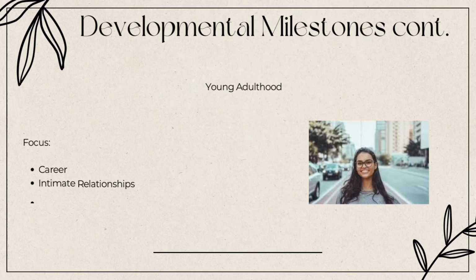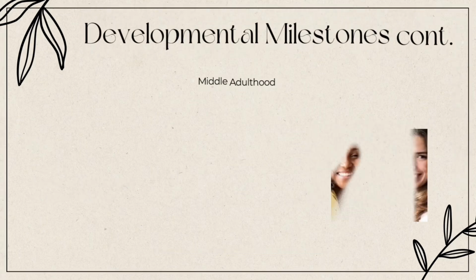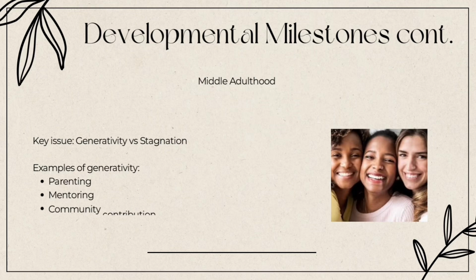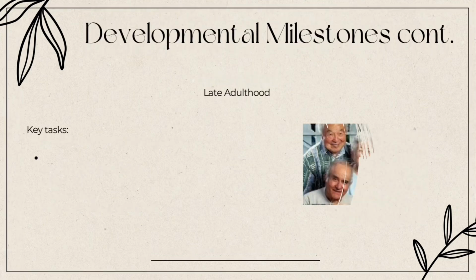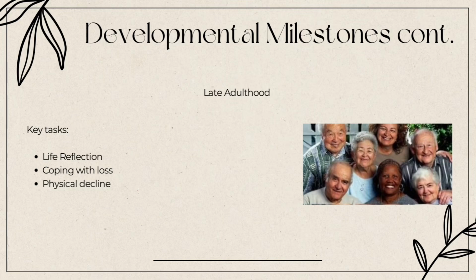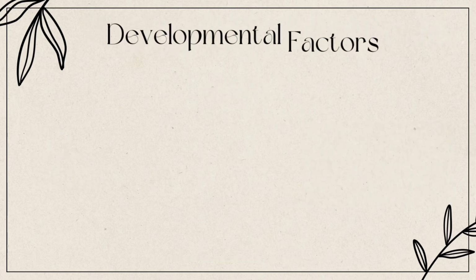Young adulthood focuses on career, intimate relationships, and family formation. In middle adulthood, a key issue could be generativity versus stagnation. In late adulthood, key tasks are life reflection, coping with loss, and physical decline.